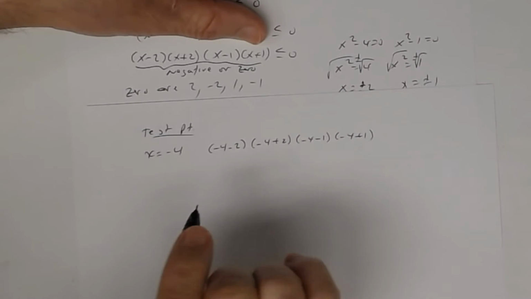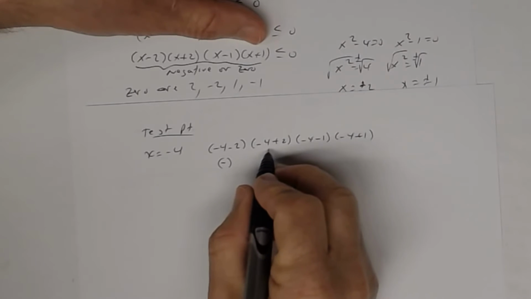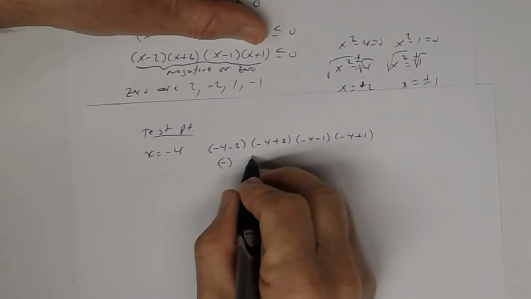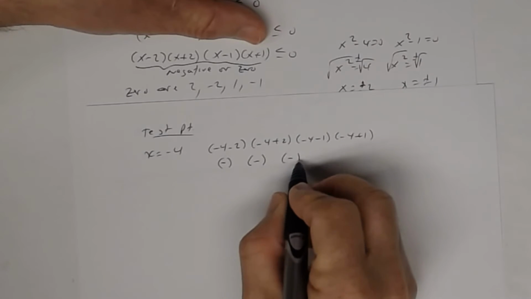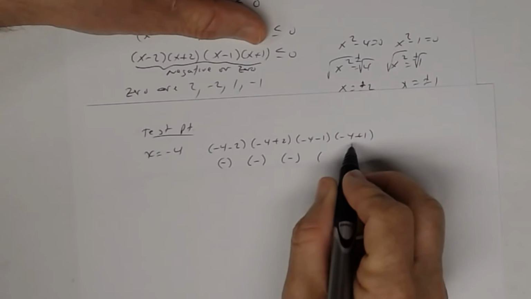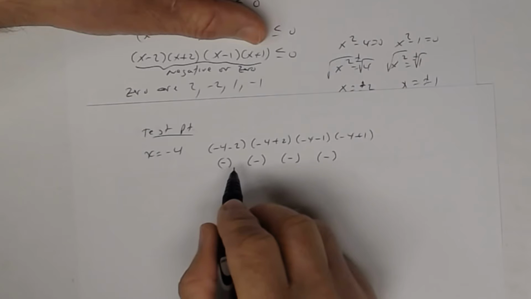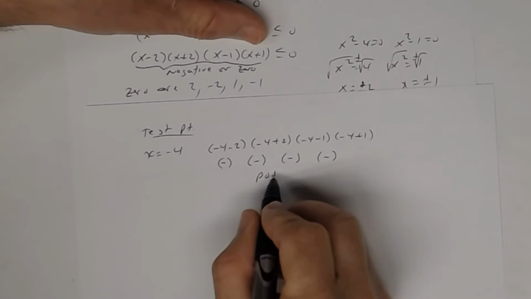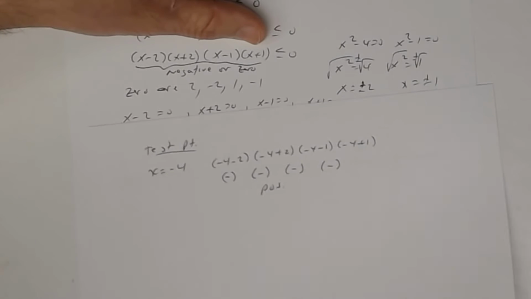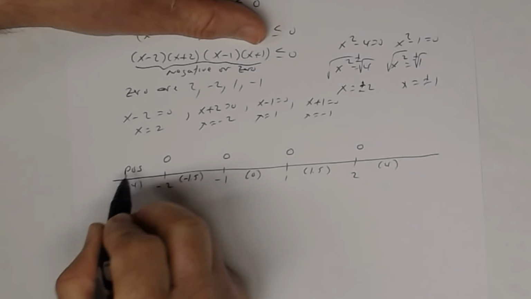Negative 4 minus 2 is negative 6, a negative number. Negative 4 plus 2 is negative 2. Negative 4 minus 1 is negative 5, so that's negative. And negative 4 plus 1 is negative 3. But a negative times a negative times a negative times a negative is a positive. So when I use the test point negative 4, the product is positive.